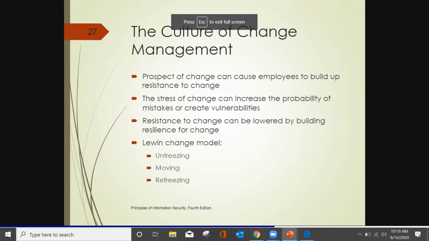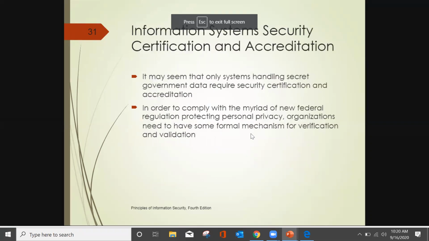When you have an organization and want to bring about a change, think of it like a big ice block. If there is some impurity inside the ice block, how do you remove it? You have to unfreeze it. You have to melt the ice block, remove the impurities, and then freeze it again. That is what Lewin's model is talking about. So it's a culture of change management.